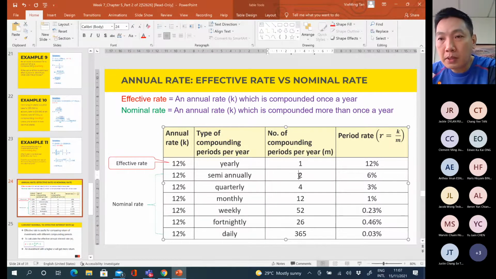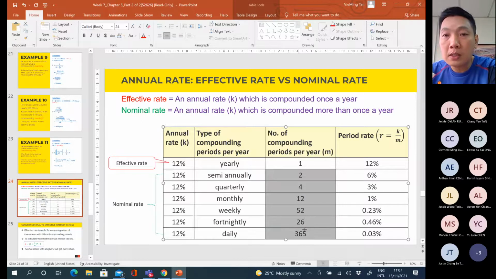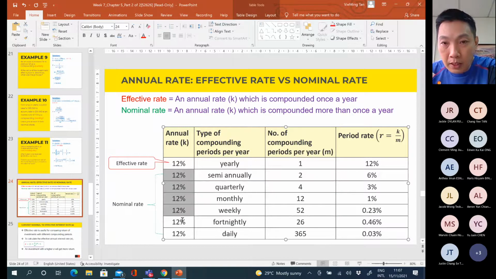Okay, 2 times, 4 times, 12 times, more than 1. So this interest rate is called nominal rate. Okay, only this is called the effective rate, if the interest is compounded once a year. So it's only the name given. Okay, so effective rate, nominal rate, all are called annual rate. Right? All are annual rate. Okay, so far so good.